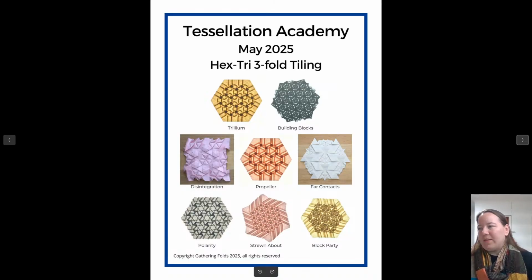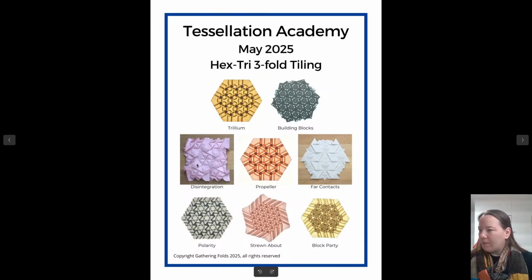Then this month is the hexagons and triangles 3-fold tiling, like we saw, and there are more options than initially meets the eye. So this pattern, disintegration, is one I did a tutorial on the other week. And then there are various different options that comply with those same symmetry rules.